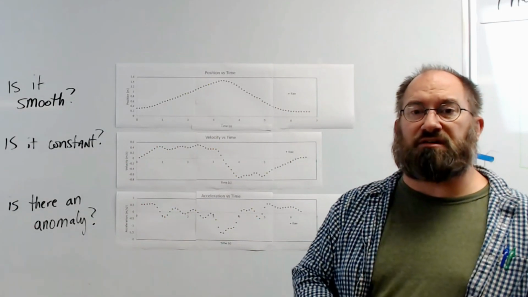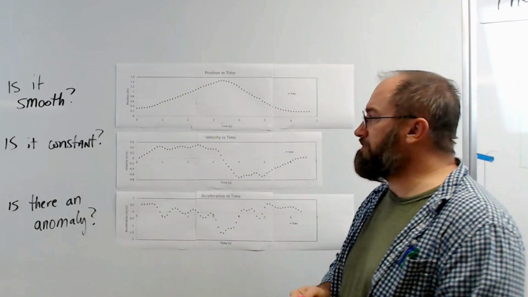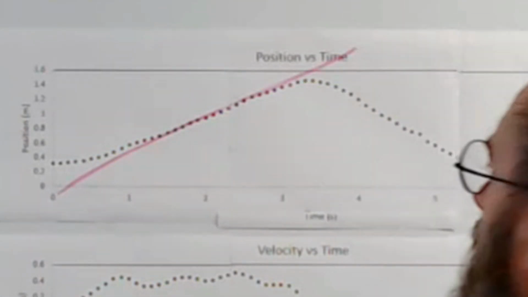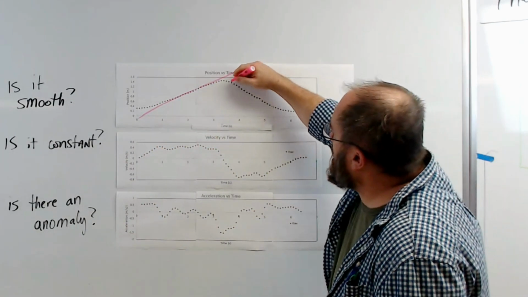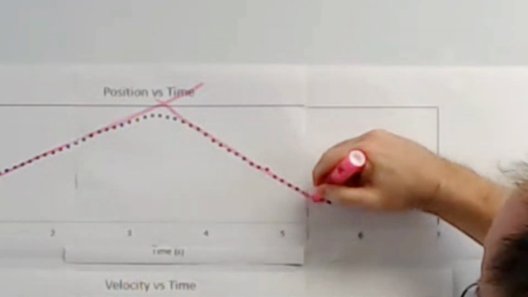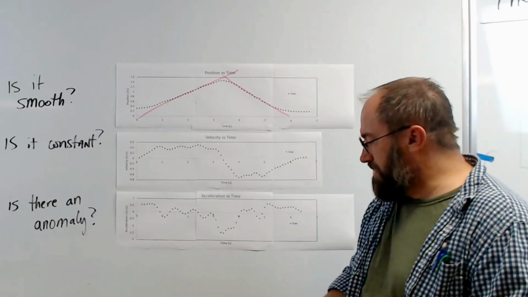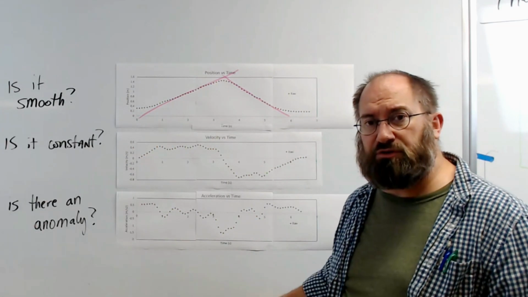So first, let's mark where we think the constant velocity and constant acceleration are. For constant velocity, I'm going to indicate with this pink marker. And right here, for constant acceleration, I'm going to use this blue marker.